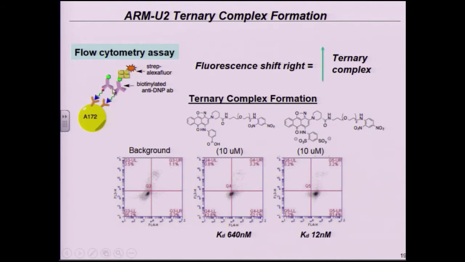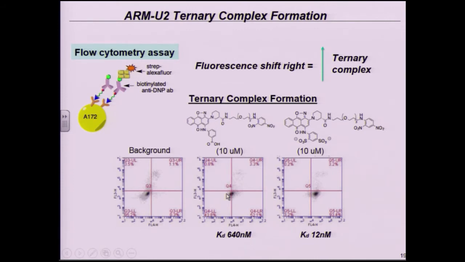And then again, using streptavidin biotinylation, we can actually image or visualize the formation of what we call a ternary complex between this bifunctional compound, the anti-DNP antibody that binds that dinitrophenol hapten, and UPAR, shown here by these Ys on the surface of a cancer cell. And because we're bringing fluorescence to the cancer cell, we can actually monitor how well these molecules bind the cancer cell and can recruit antibodies.